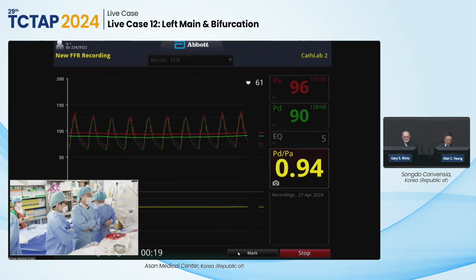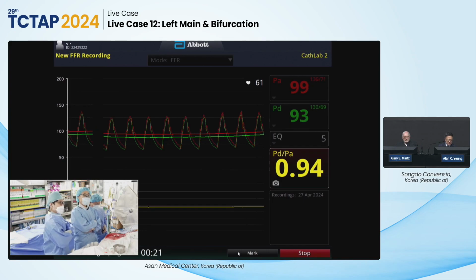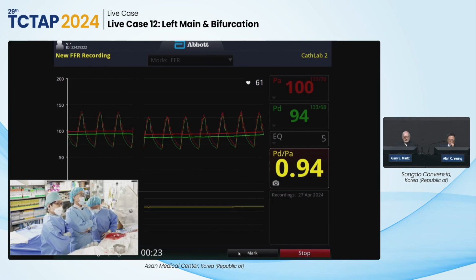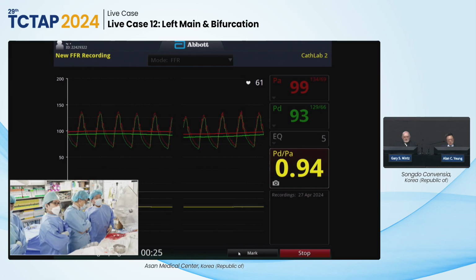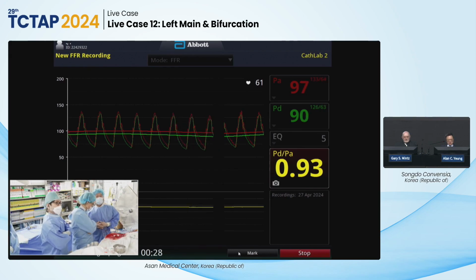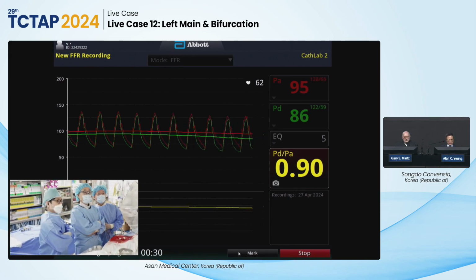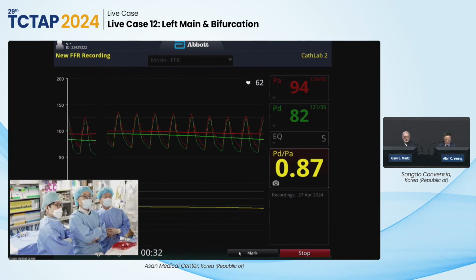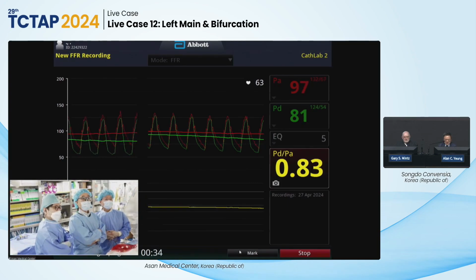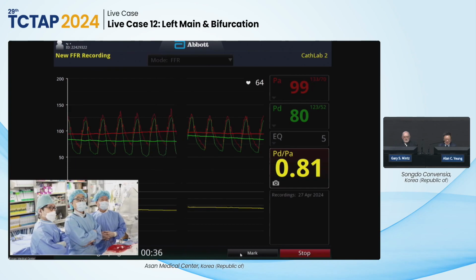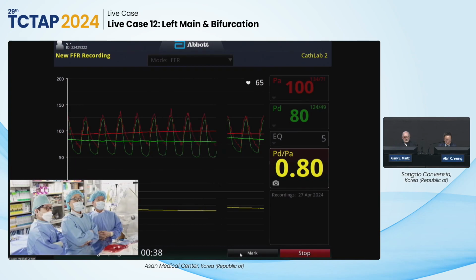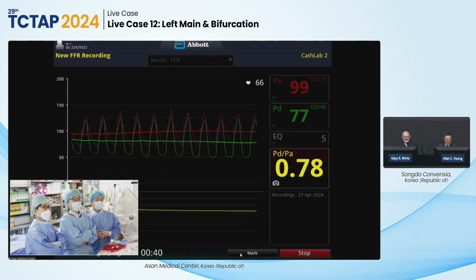Even if there is some diagonal disease, the FFR value is not significant once hyperemic is induced. Okay. We think it doesn't matter, 0.79, 0.78, 0.7 over here.